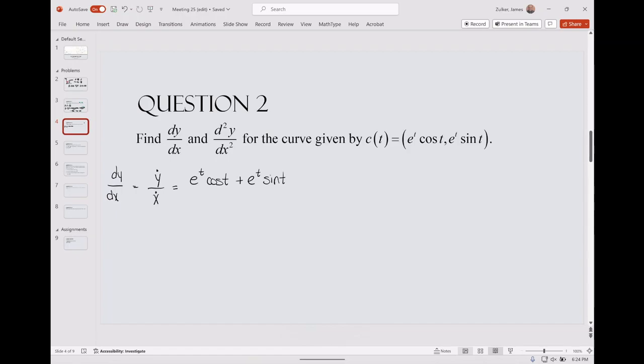Second times derivative of the first plus first times derivative of the second. Order doesn't matter. Let me actually keep working with the numerator for right now, just to factor out that e to the t.